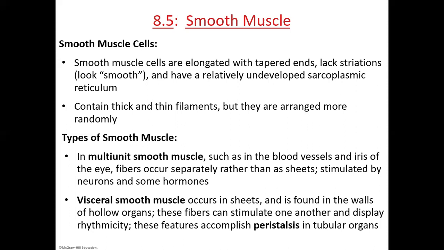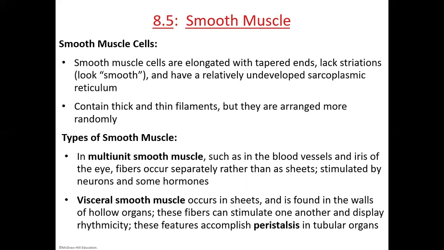And because of their size, they don't really have a well-developed sarcoplasmic reticulum. It's not nearly as specialized as it is in the skeletal muscle cells. However, they do contain the thick and the thin filaments, the actin and the myosin, but they're arranged in a more random pattern. And this is because of the type of movement that smooth muscles do.